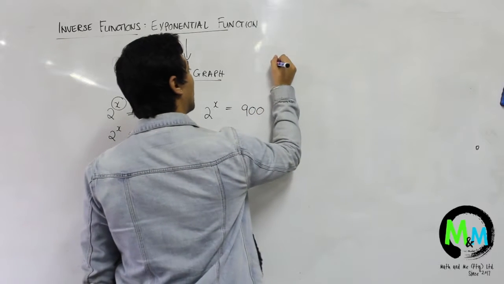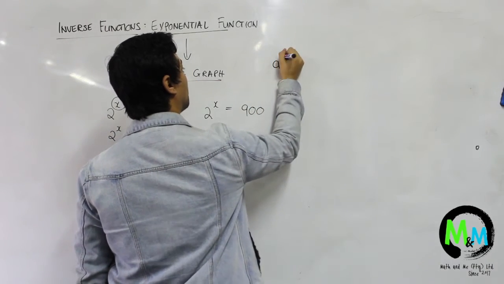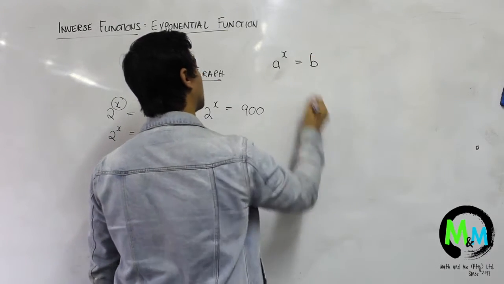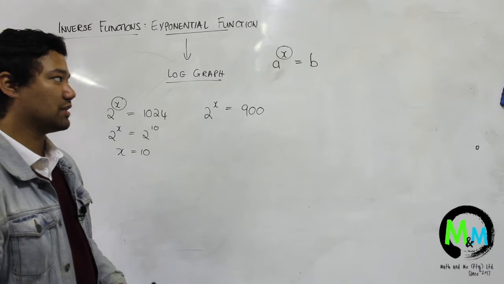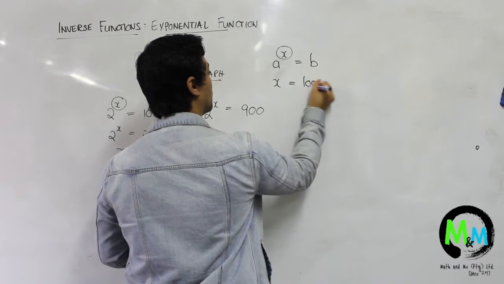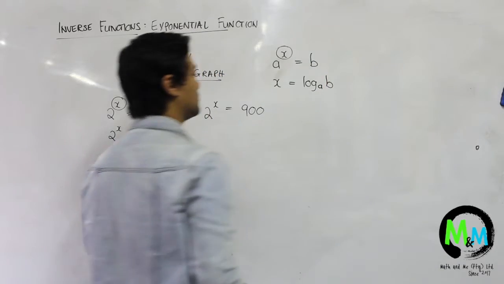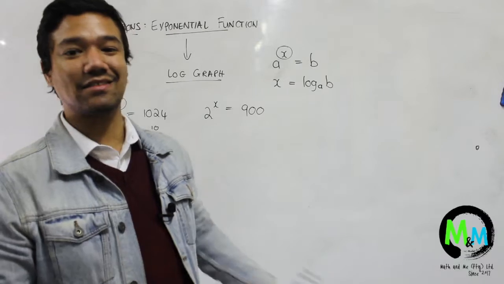If I have a to the power of x equals b, and remember the main goal here is to solve for x, my exponent, then x will be equal to log base a of b, right? And that's how we will determine that. But it's literally just a flow.